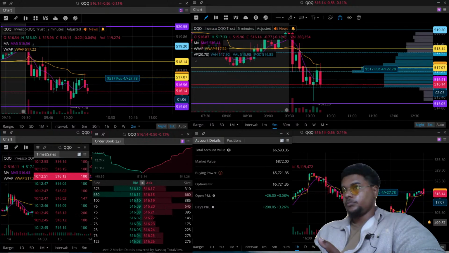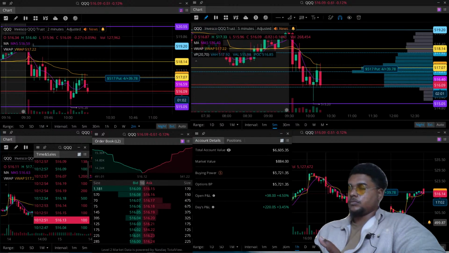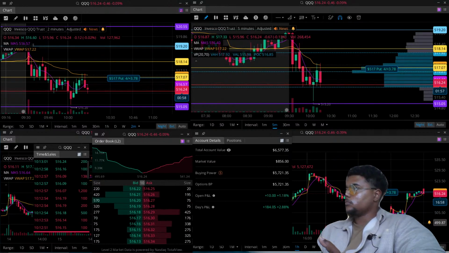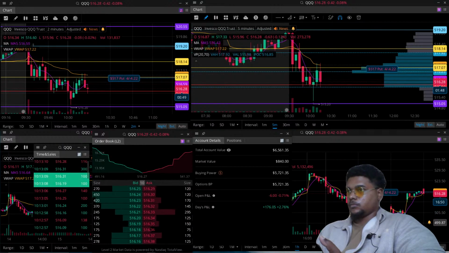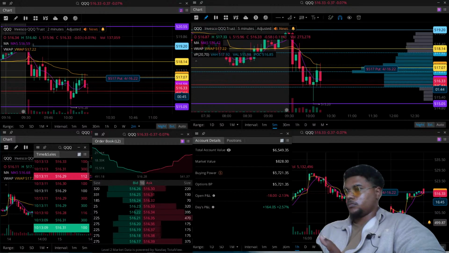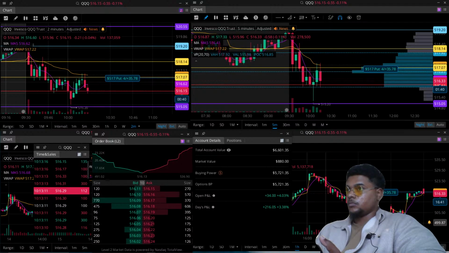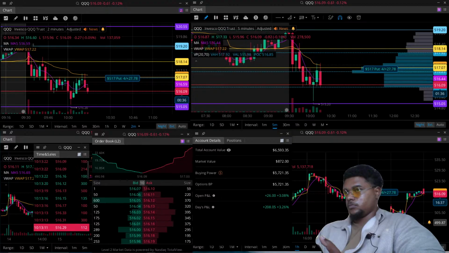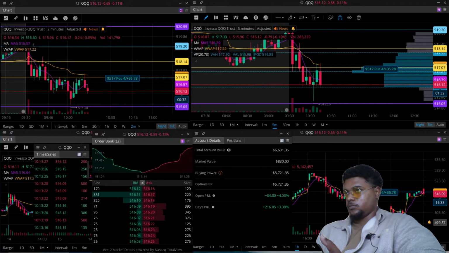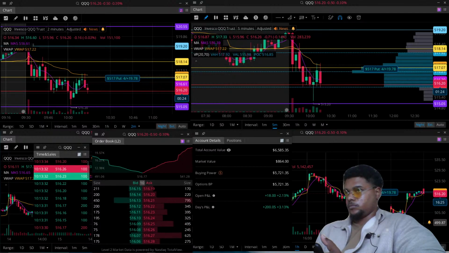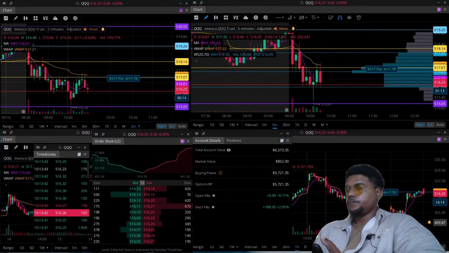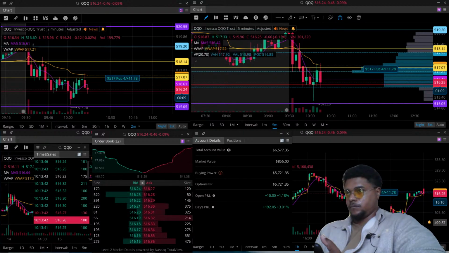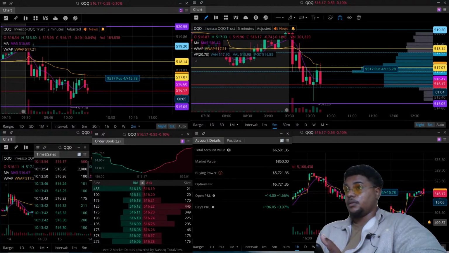Close at the purple. It's actually a lot of indecision at that level, and it's not very far away.